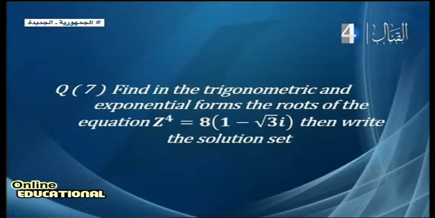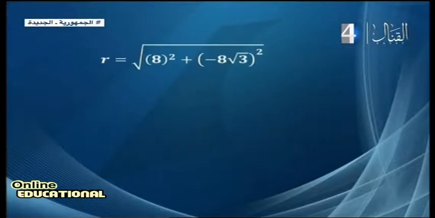To solve z power 4, we find the fourth root by using 8 multiply 1 minus root 3i. r equals the square root of 8 power 2 plus negative 8 root 3 all power 2, which equals 16.